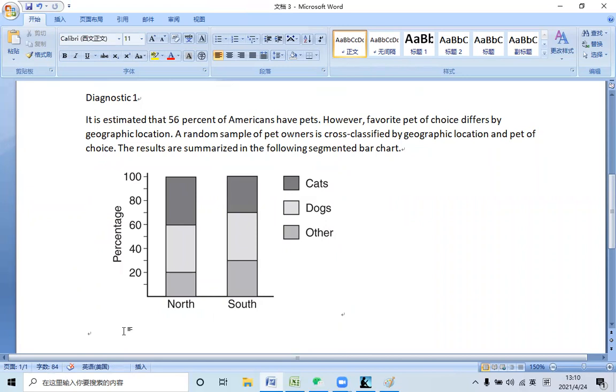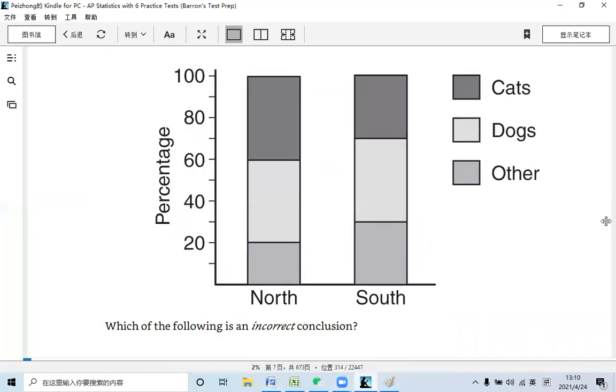Qualitative variable, not numerical or quantitative. The second variable will be location, north, south. And this is also a categorical variable, with two categories. And then I look at what the conclusions are.